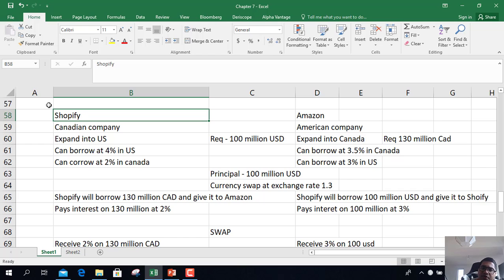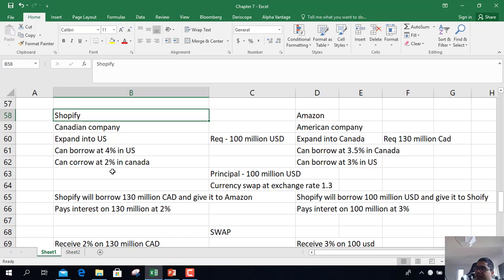Shopify can borrow USD in the United States at 4%, versus 3% that Amazon can borrow at. Banks generally favor Amazon, so its rate is lower.